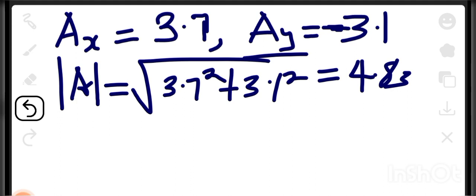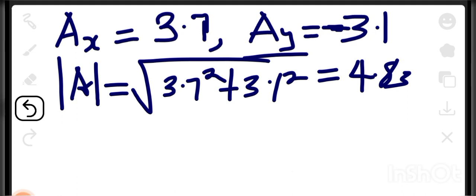Remember rule 1, if both of them are positive, theta will be tan inverse of AY over AX. Rule 2, if AX is negative but AY is positive, theta will be 180 minus tan inverse of AY over AX. Rule 3, if both are negative, theta will be 180 plus the tan inverse of AY over AX.